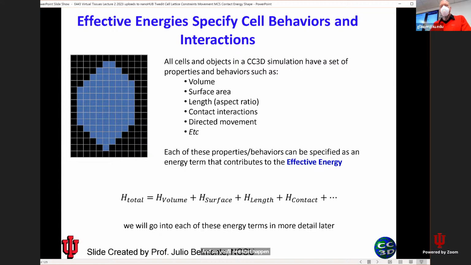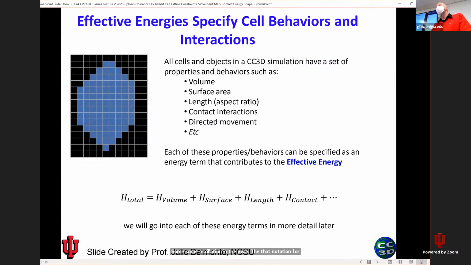And we'll talk about the different kinds of energy terms that are present. Within Computational, energy terms are called plugins, which is not the most beautiful name in the world, but that's how they're implemented computationally, so that's why they have that name. You'll also see some oscillation in the notation for effective energy.